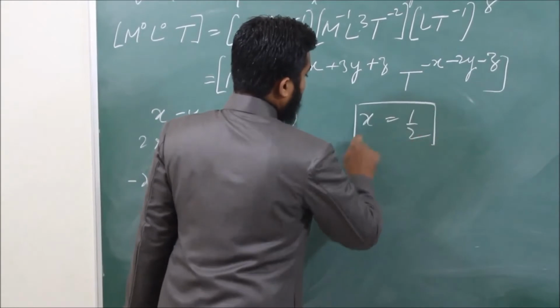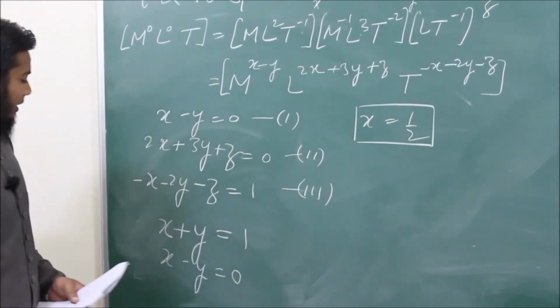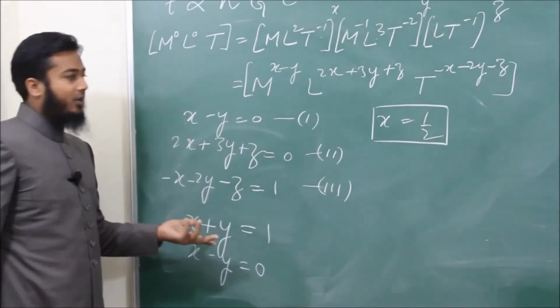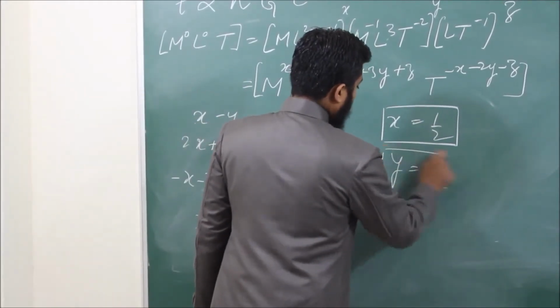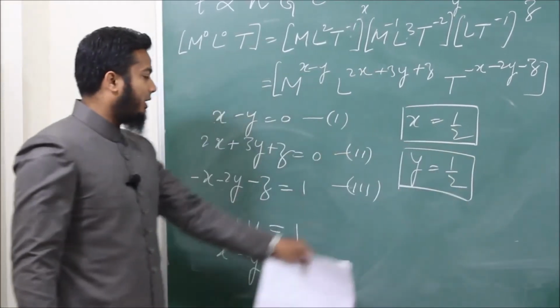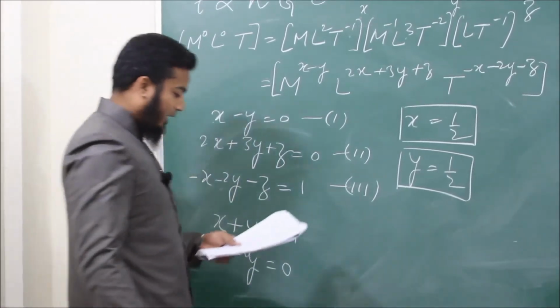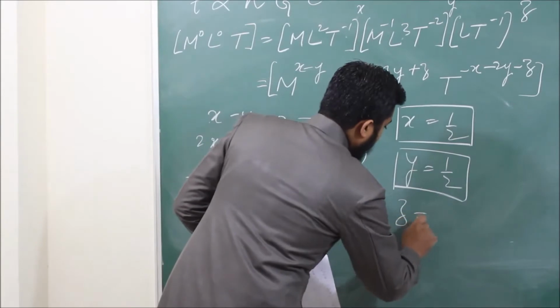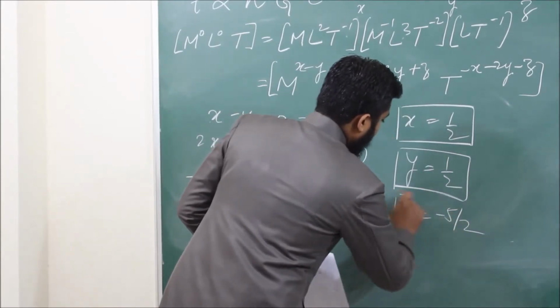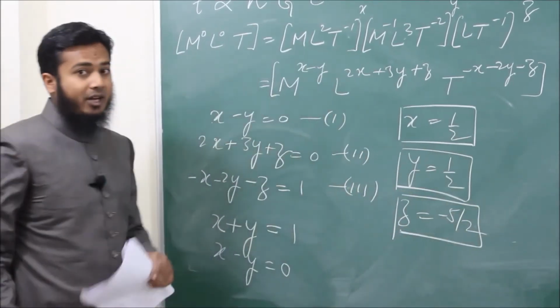Now, from this equation x and y will be equal, so y is also half. And put these values in either of these equations, and you will get the value of z as minus 5 by 2.